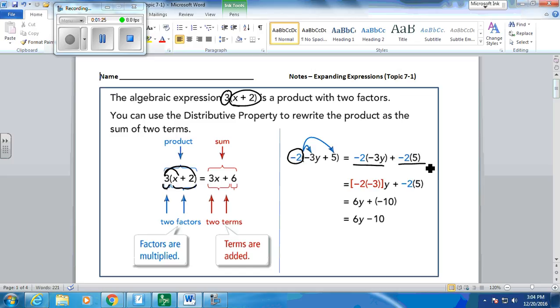Even though negative 2 and negative 3y are not like terms, you can multiply the coefficients still, and then you just attach the variable. Then with the negative 2 times 5, again, those are just constants, so you can certainly multiply those together. They are showing you that you can write your final answer as either 6y plus negative 10 or 6y minus 10. They both are equivalent to each other.